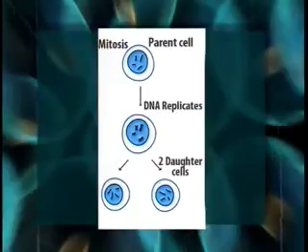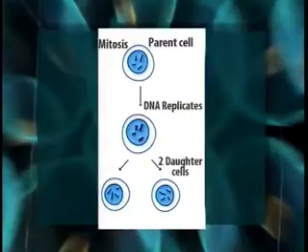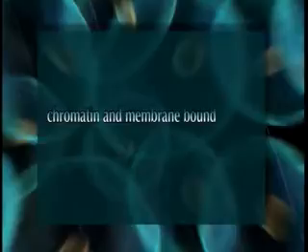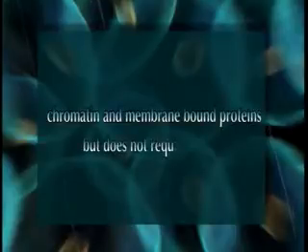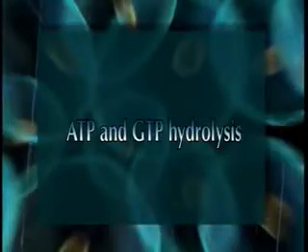The mechanism of assembly involves the attachment of vesicles to the chromatin, followed by the fusion of vesicles to form a double membrane system. The binding of vesicles to the chromatin requires both chromatin and membrane-bound proteins, but does not require ATP. On the other hand, the fusion of membrane-bound vesicles to form the nuclear membrane does require ATP and GTP hydrolysis.